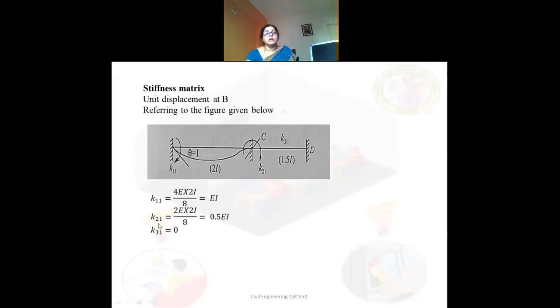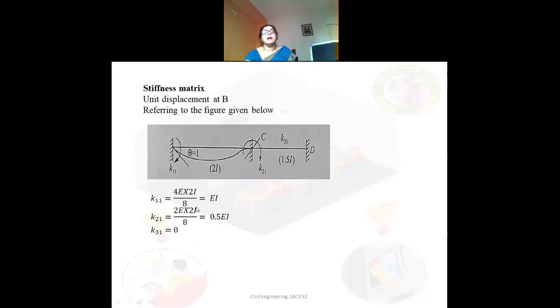Then K21, what is the force developed at coordinate 2 due to unit rotation at 1? Again it is connected to span CB, right?